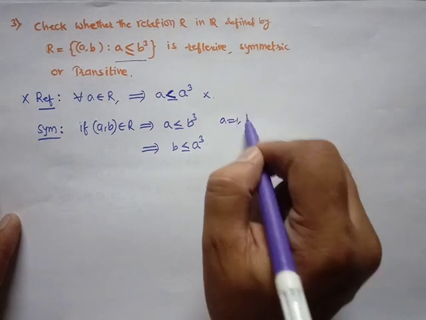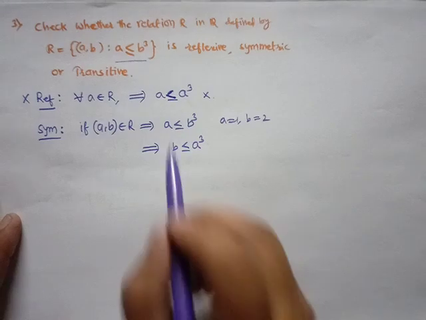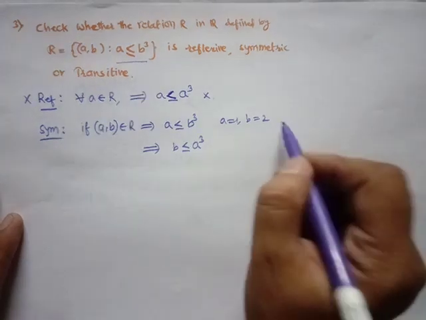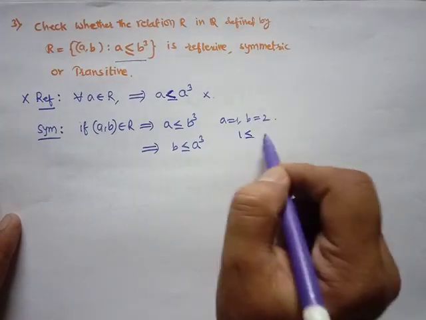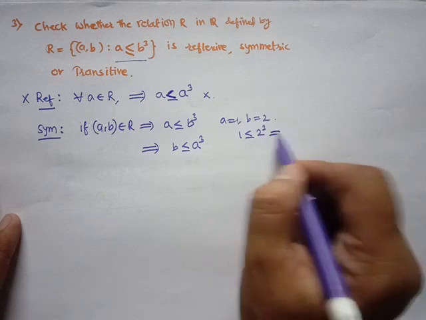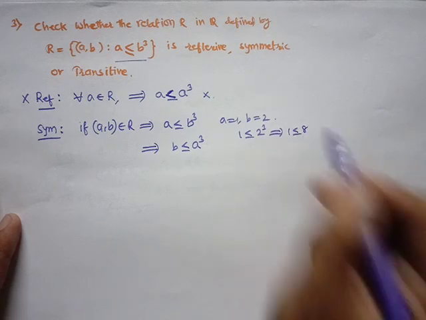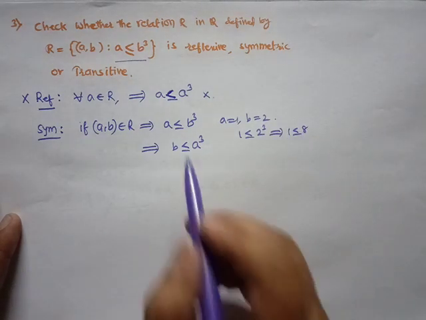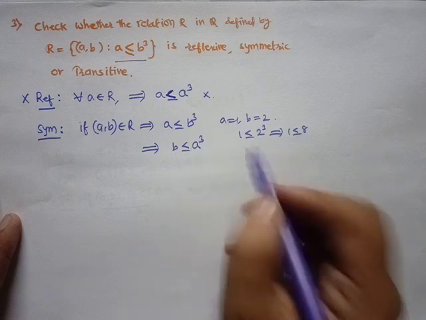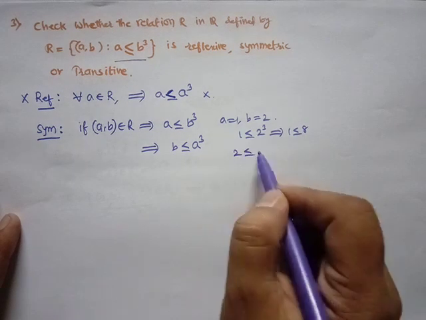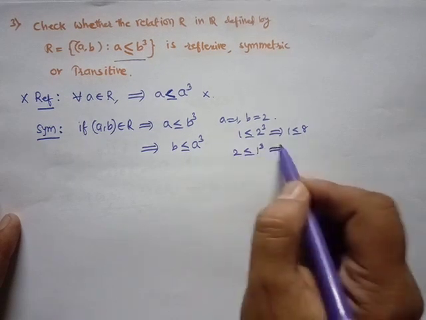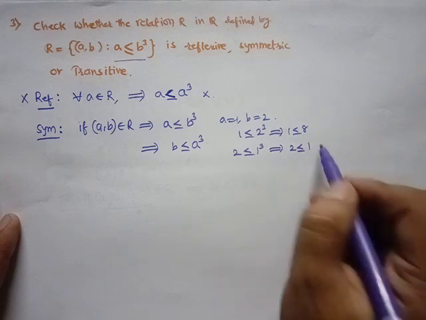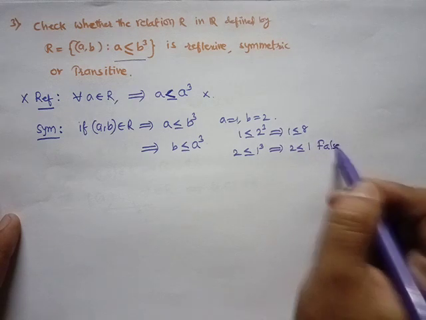Checking a = 1 and b = 2: 1 ≤ 2³ is right, that is 1 ≤ 8. But b ≤ a³ means 2 ≤ 1³, so 2 ≤ 1, which is a false condition.